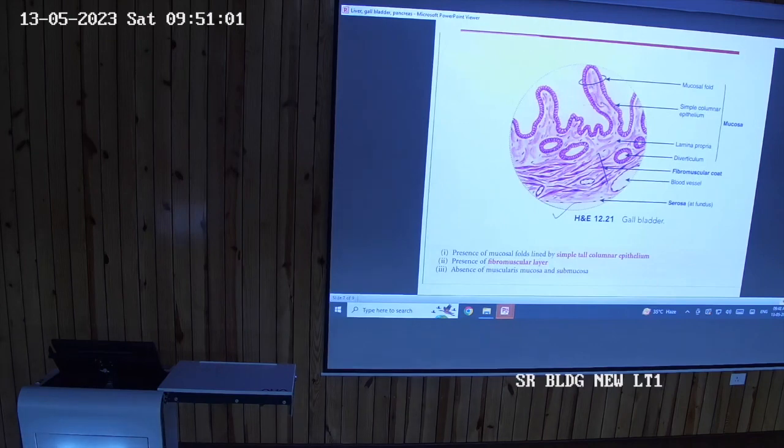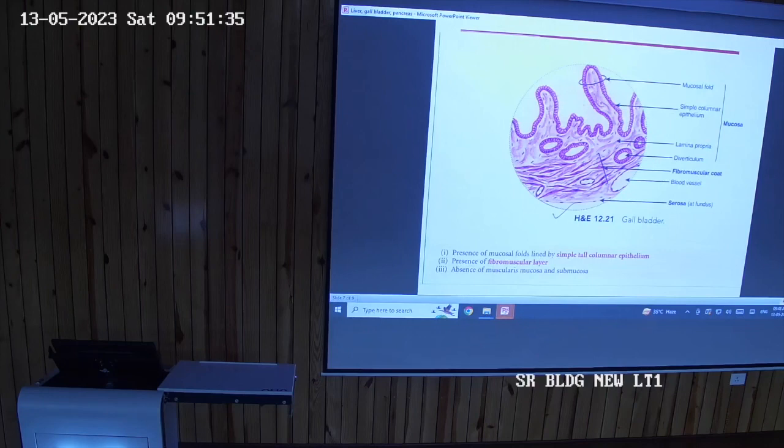Gallbladder. The function of the gallbladder is storage of bile. Bile is coming from the liver. The functions of the liver are two: serous function, formation of the bile, and also forming the plasma proteins.